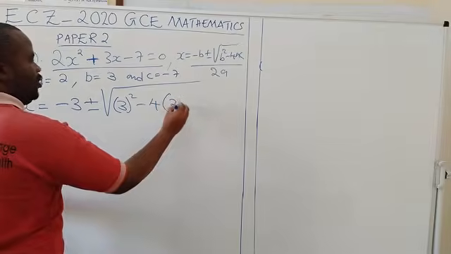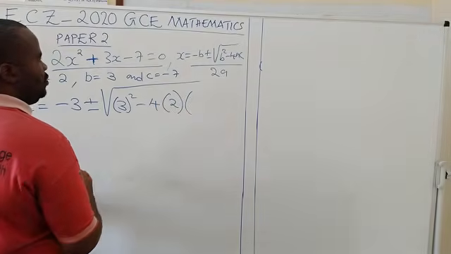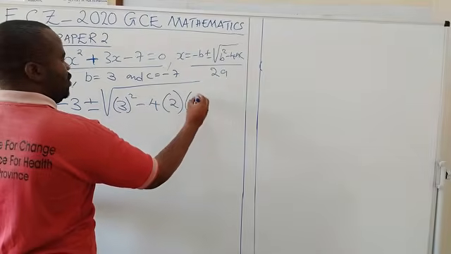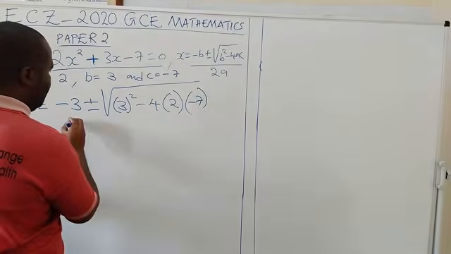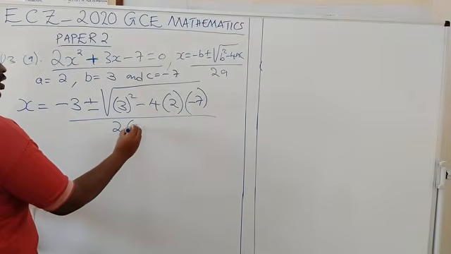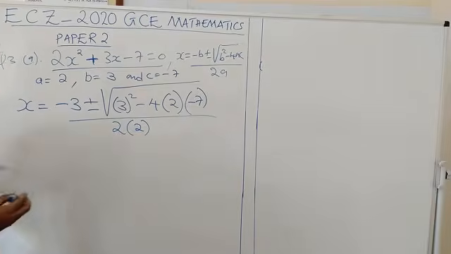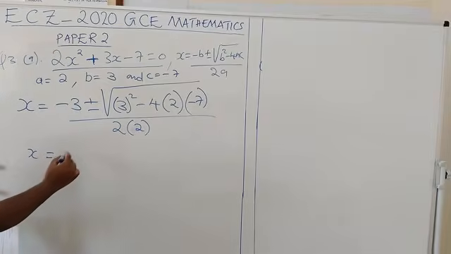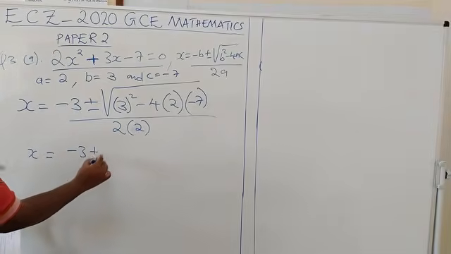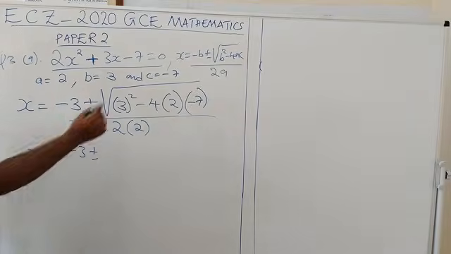Our A is 2, times C, our C is negative 7. Alright, you divide everything by 2 times A, and A is 2. So now, what you need in an exam is you can say negative 3 plus or minus, you work out everything that is in the brackets, to make your job easy.